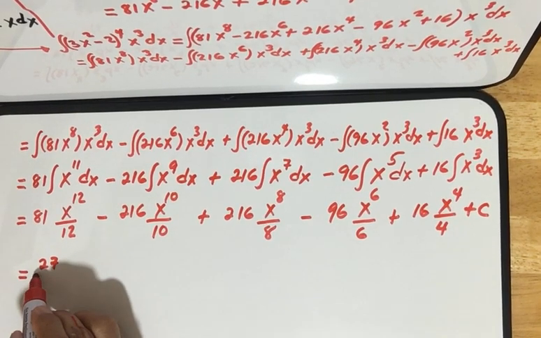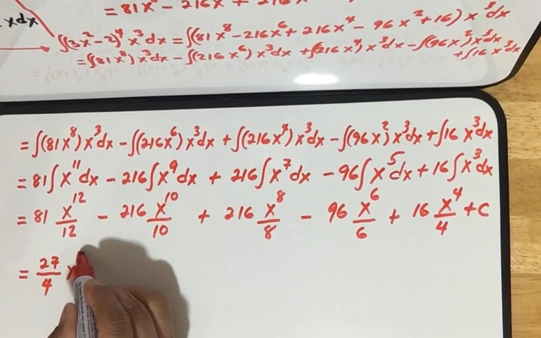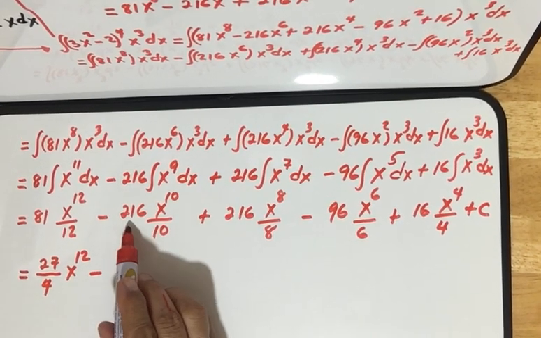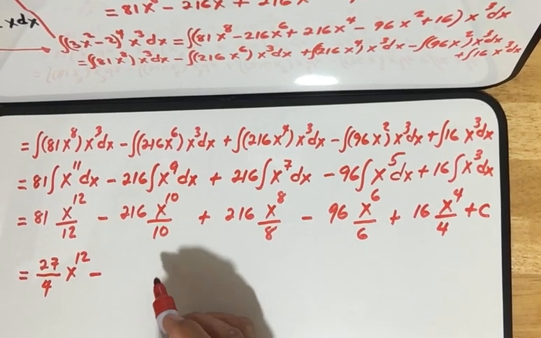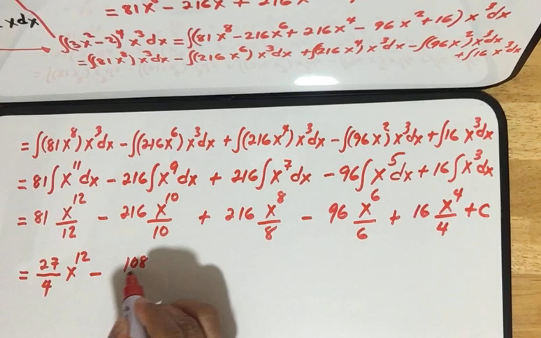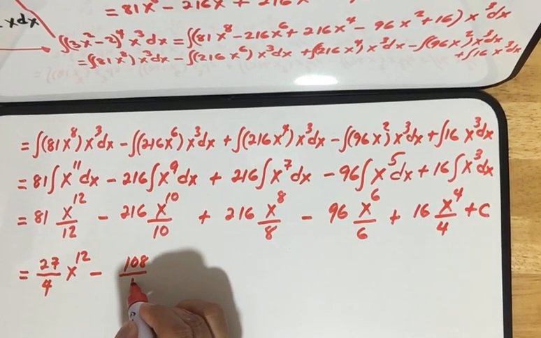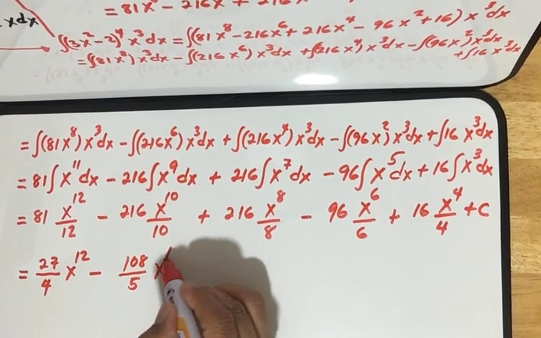Then 12 divided by 3 is 4. So this will be 27x^12 over 4. Then minus. This one is not divisible by 10, not divisible by 5, but divisible by 2. So when you divide this by 2, this will be 108. Then divide this by 2 also, so this is over 5. Then x^10.